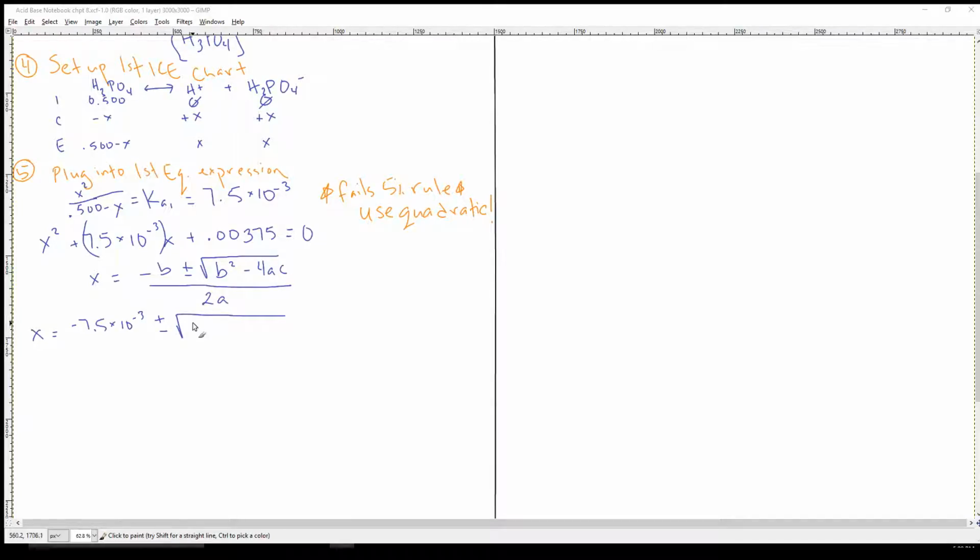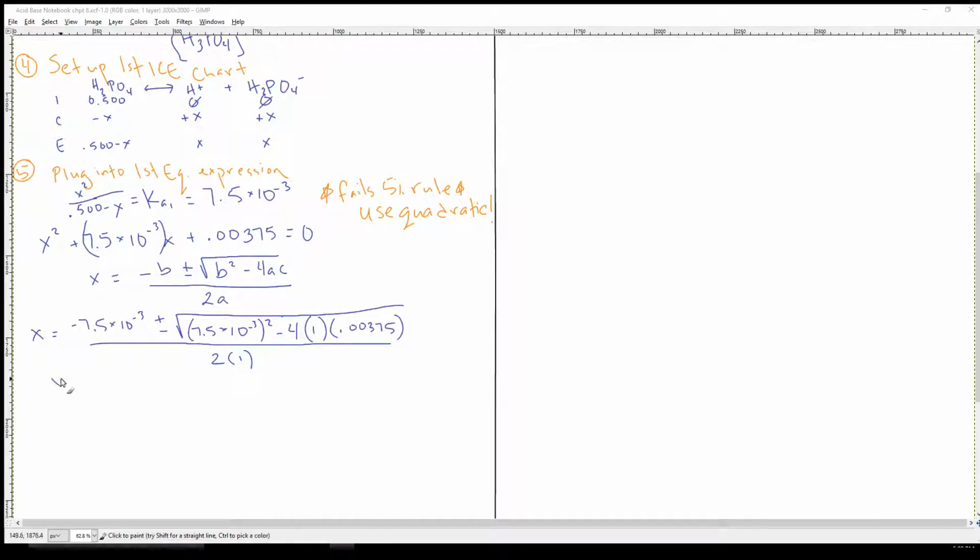B squared, so that's still 7.5 times 10 to the negative third, minus 4 times a times c, all over 2a.